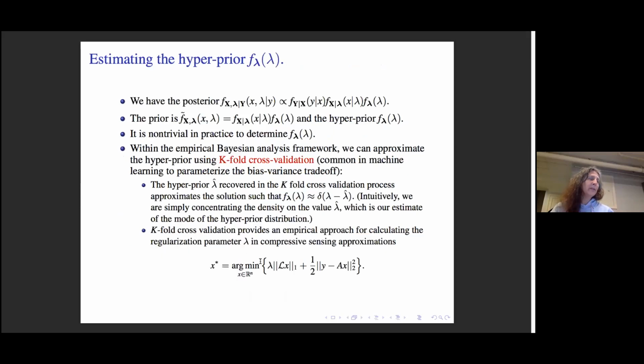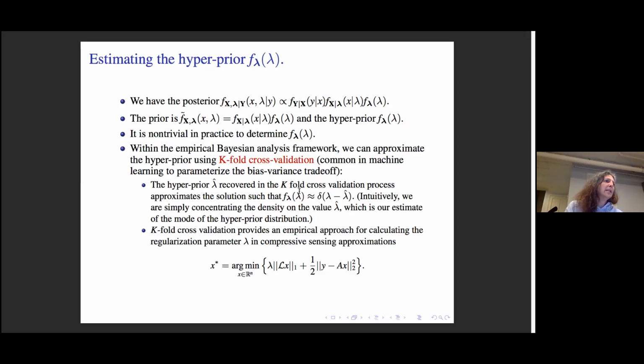Okay, so this is the posterior. We already said what we were going to do about the likelihood, so let's now talk about the prior itself. We'll first set aside how we deal with the hyperprior. Much like people do in other machine learning applications, we use k-fold cross-validation, which people should probably use anyway, even if they're doing compressive sensing, because it's a way to parameterize the bias-variance trade-off.